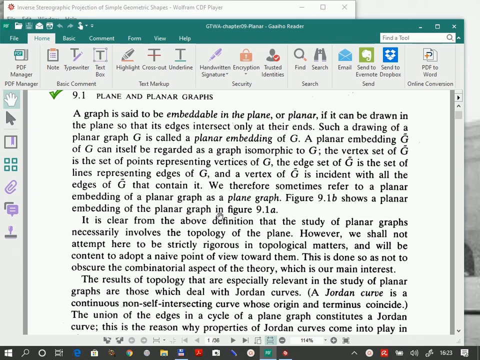A planar embedding of a planar graph is a plane graph. So mind the difference between planar and plane. Plane is the graph already embedded into the plane, and planar is maybe an abstract object which is isomorphic to a plane graph.